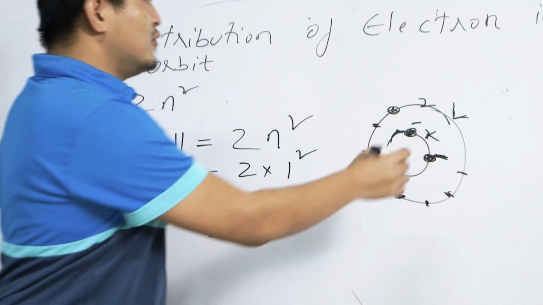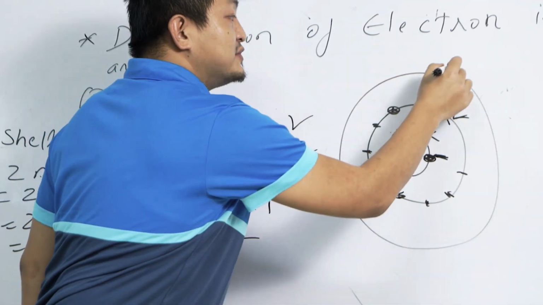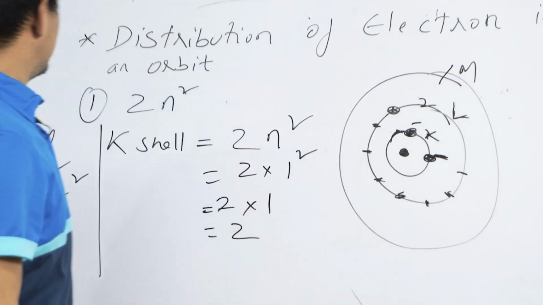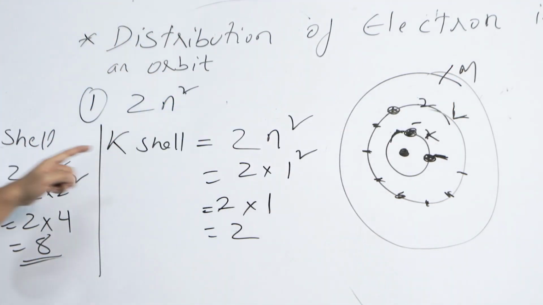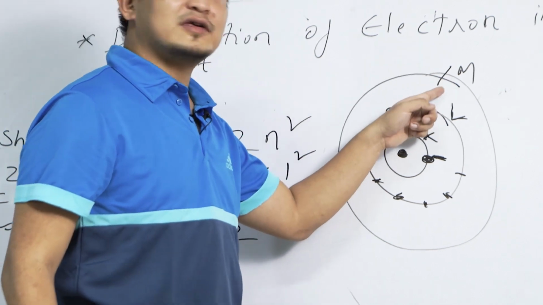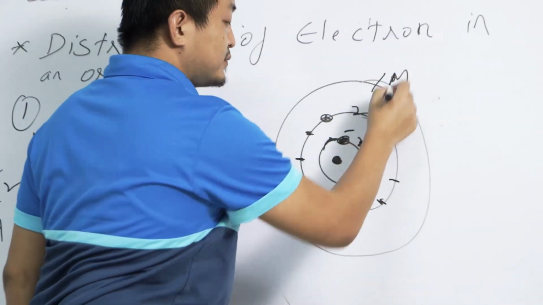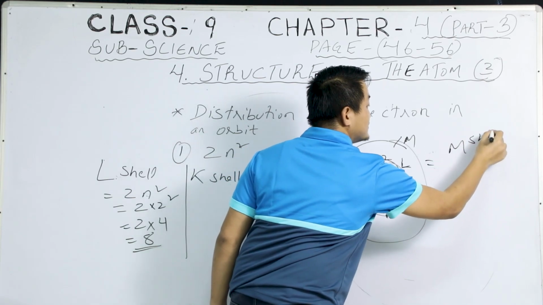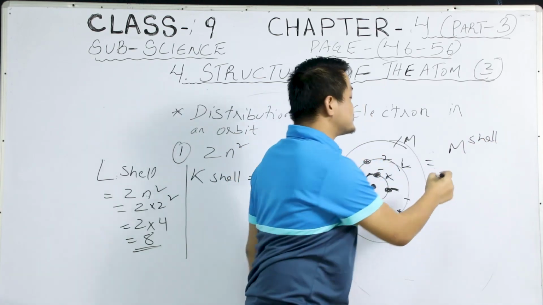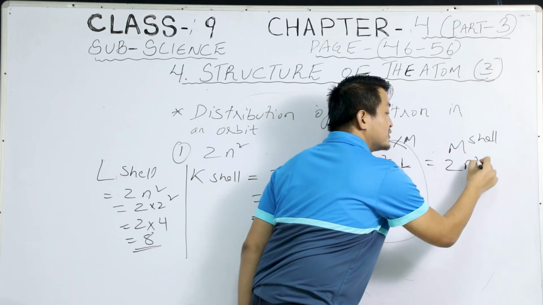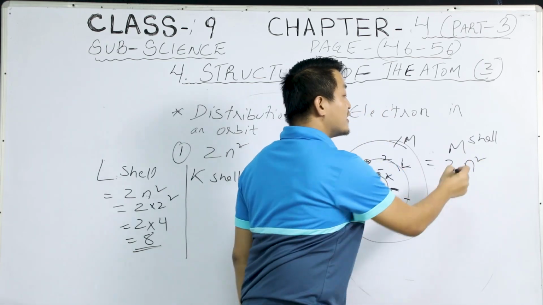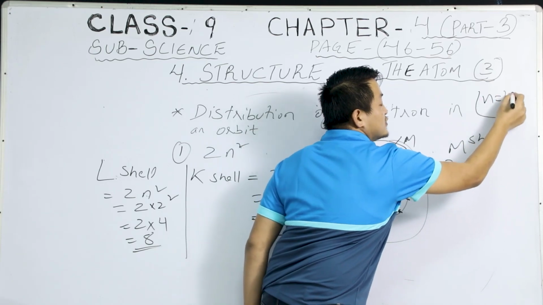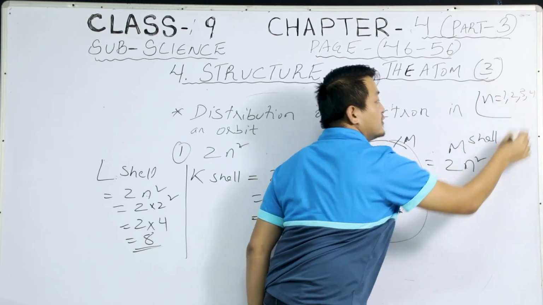Now let's discuss the M shell. K, L, M. We are done with K and L, so let's discuss the third shell. For the M shell, the formula is the same, students. You have to keep this formula in mind: 2n squared. Here n can be 1, 2, 3, 4.